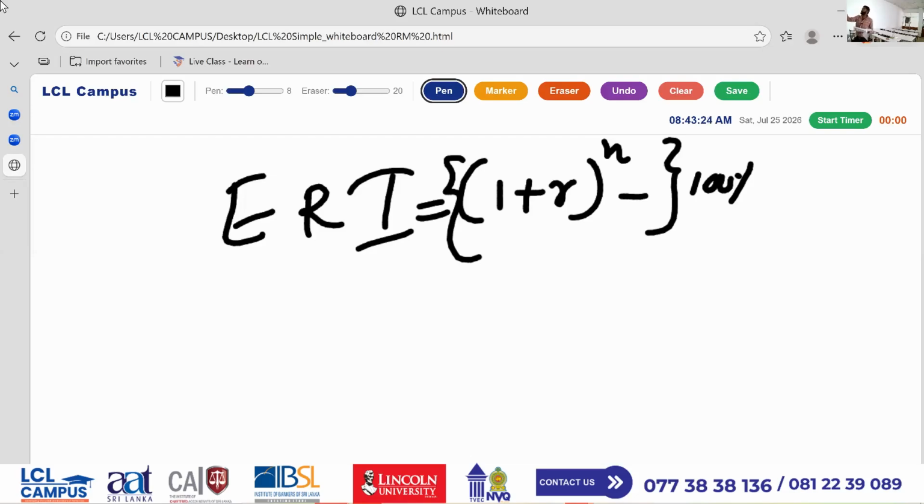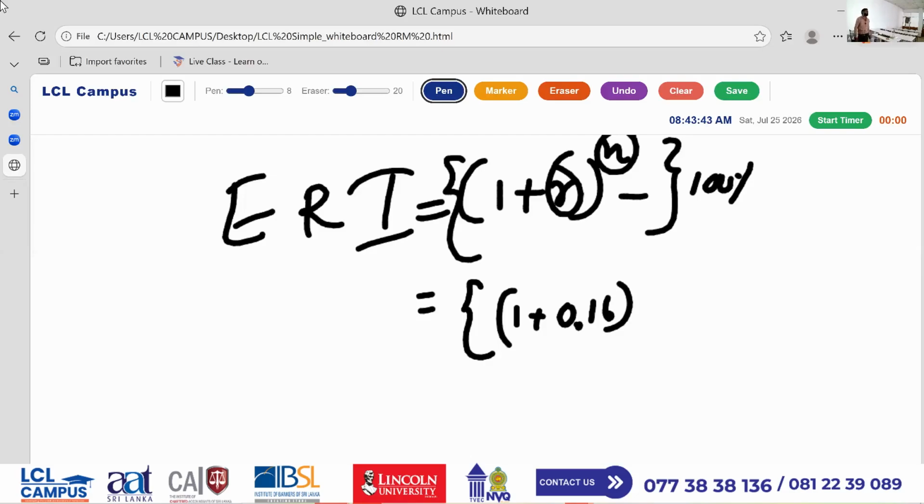Then here, 1 plus 0.16, at an interest rate of 16% per annum. If the interest is compounded quarterly, for what n then? What is R and what is n?